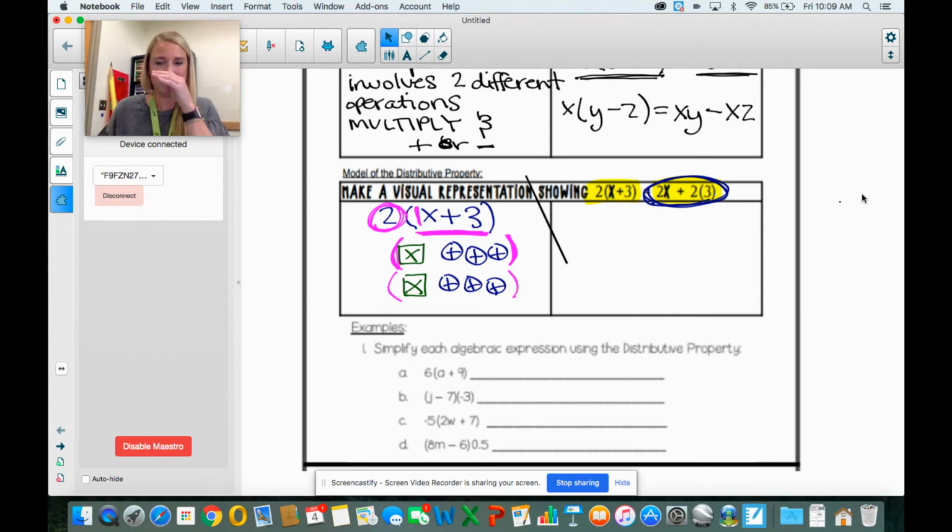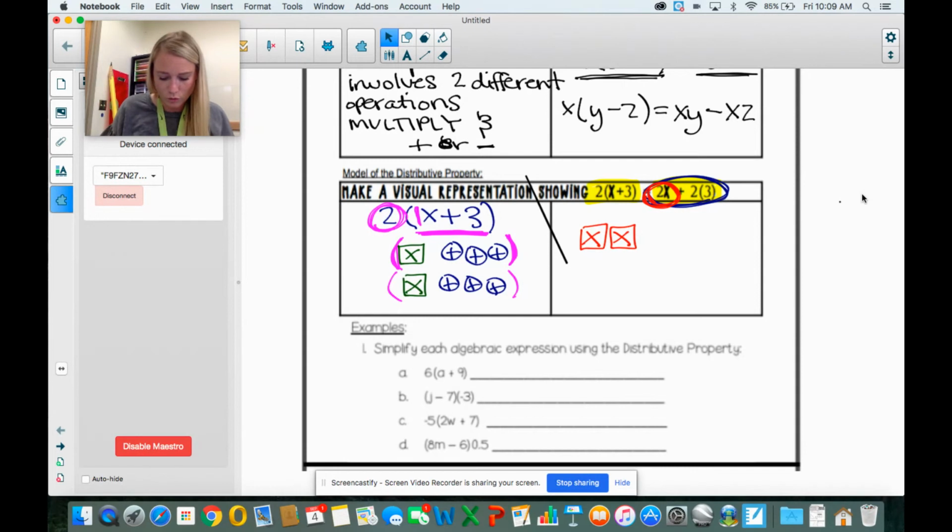Okay, so let's do our 2x first. Let's do it in red. Okay, so how many x's do I have this time? I have 2. Okay, so I've got 2 x's. Now I have plus 2 groups of 3.